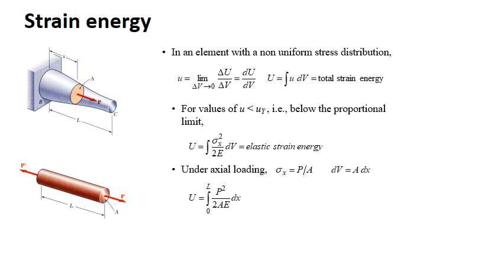Under uniaxial loading we know sigma x is P by A, and dV is equal to A dx. If you take a small element, recast it and change the limits accordingly, because I'm changing from dV to dx, the integral will change from 0 to L. So this is the expression for strain energy in general: integral from 0 to L of P square by 2AE dx.